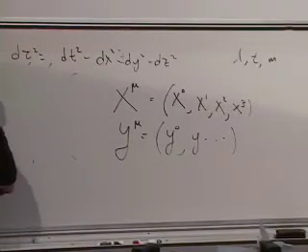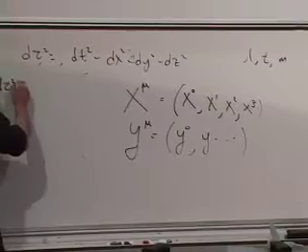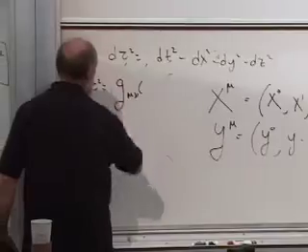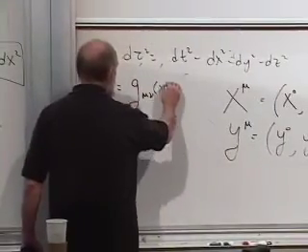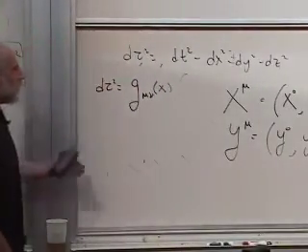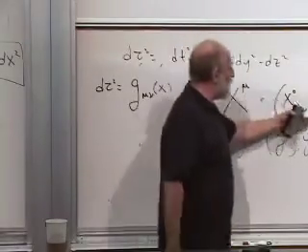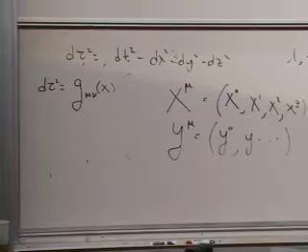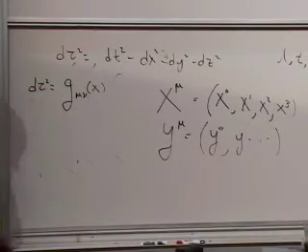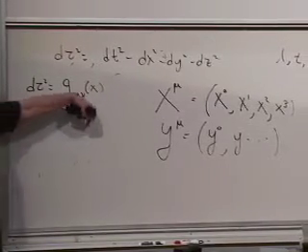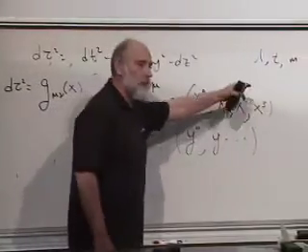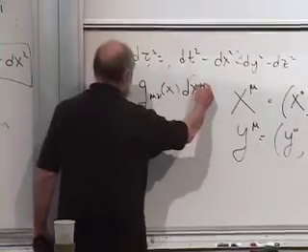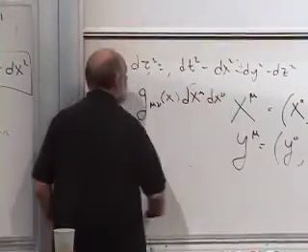It's exactly what you might expect. D tau squared is equal to g mu nu of x, and when I write just x, it means of space and time. A general function of position in space-time is just written as a function of x, without specifying whether we're talking about x0, x1, x2, x3, and so forth, times dx mu dx nu.